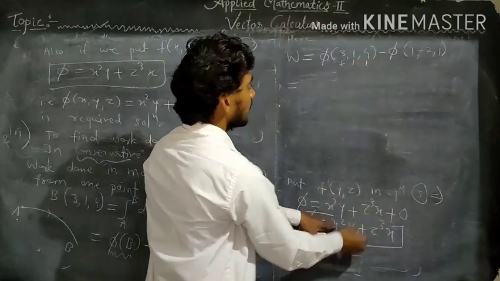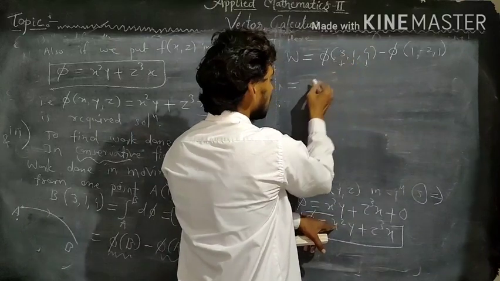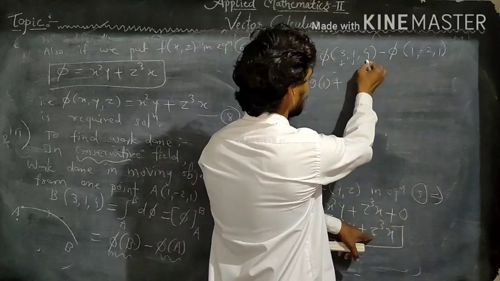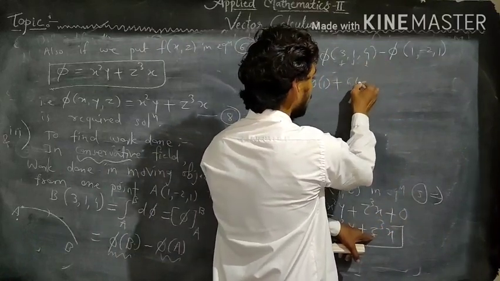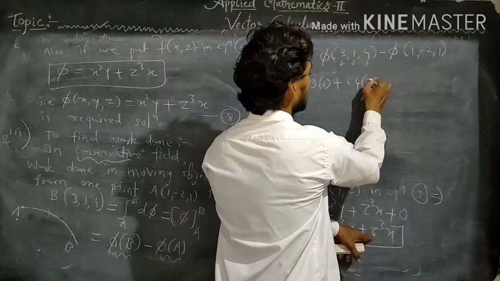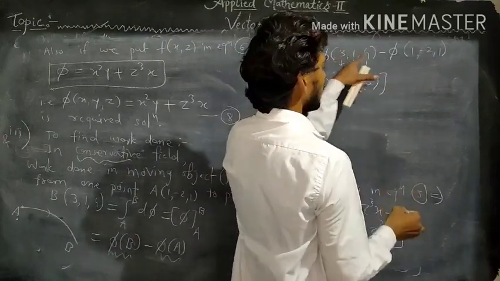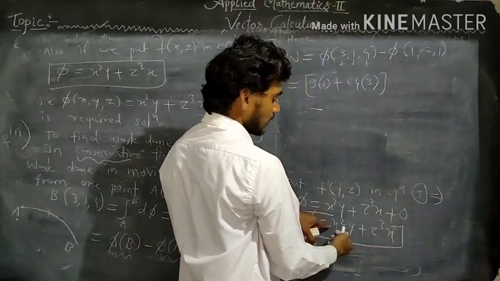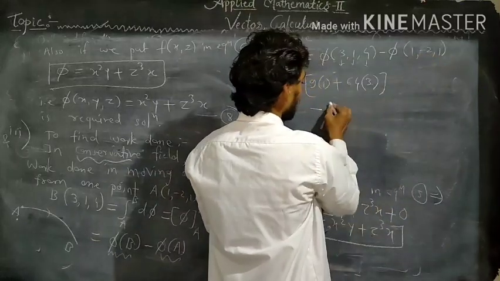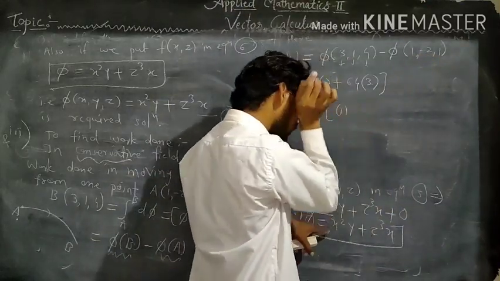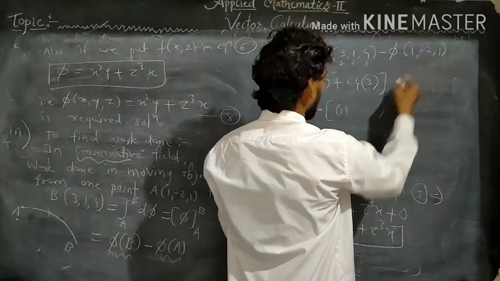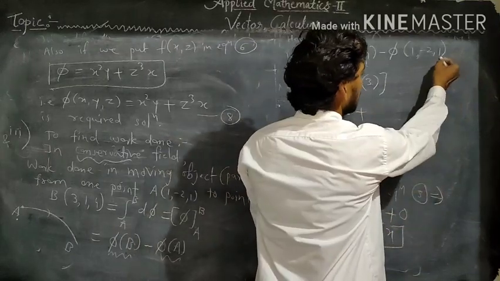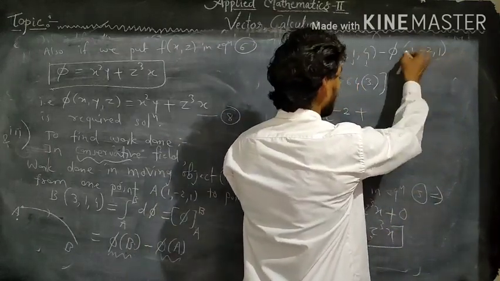So x square y, that is 3 square, 9 into 1, plus z cube x, so z is 4 cube, that is 64 into x, that is 3, so that is phi of 3, 1, 4 minus, again it is x square y, so x square, that is 1 into y, which is minus 2, so it is minus 2 plus z cube x, so z is 1, z cube is 1 into 1.